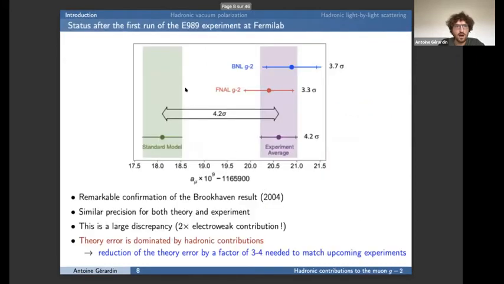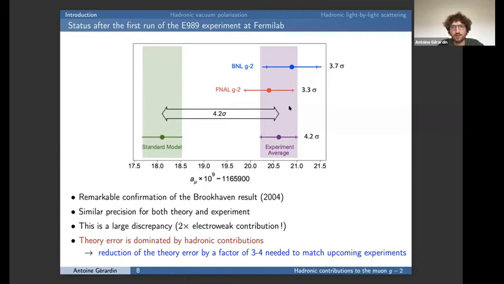Now, here is the experimental status after the first run of this Fermilab experiment. The results were published a few months ago. Here in blue, you can see the previous measurement at Brookhaven in 2004. And here in red, this is the new measurement.